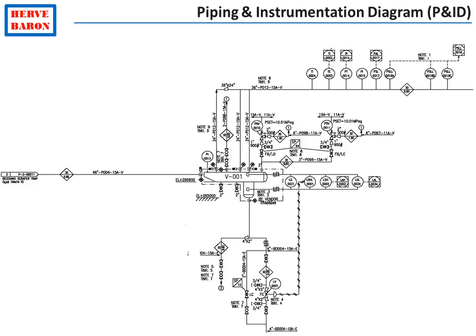PNIDs do not only show the main process lines as process flow diagrams, but all lines, including utility lines, lines used for maintenance, for equipment drainage and depressurization, lines used for startup, and all other possible use. In addition, the PNIDs show the line diameters as well as material of construction and rating.